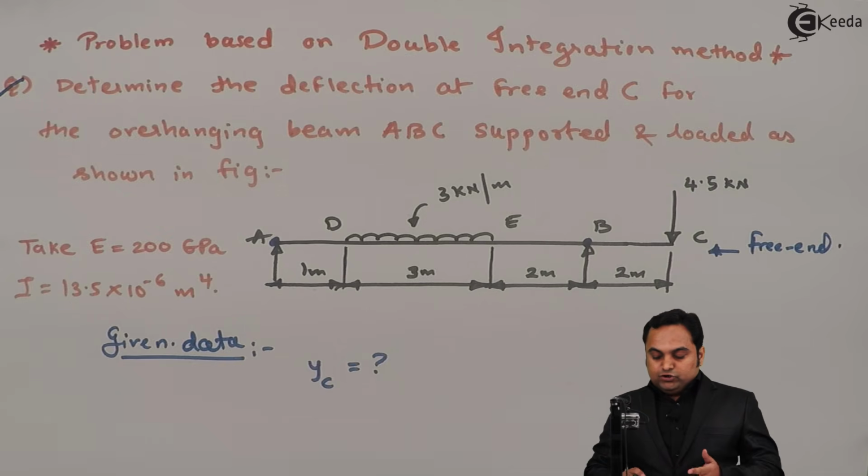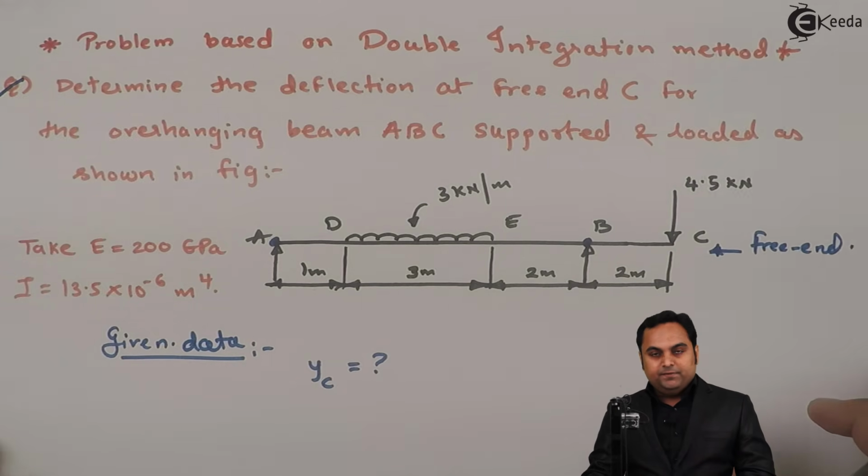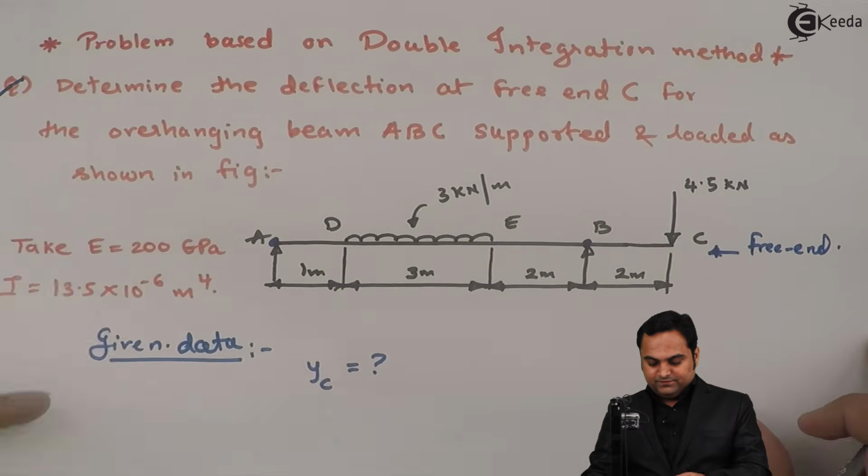Now for the solution of such a problem, the first thing is that we should know the support reactions, that is how much is the reaction at A and reaction at B. For that I'll draw this beam again in the solution part.